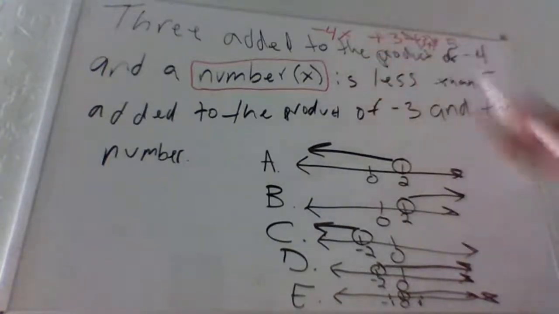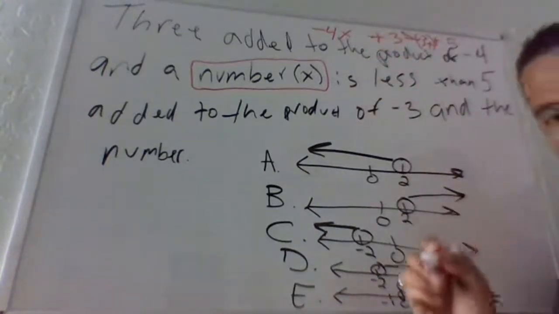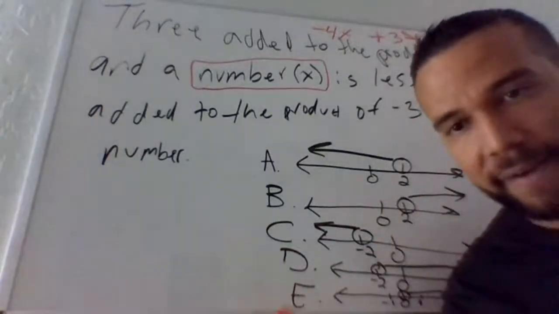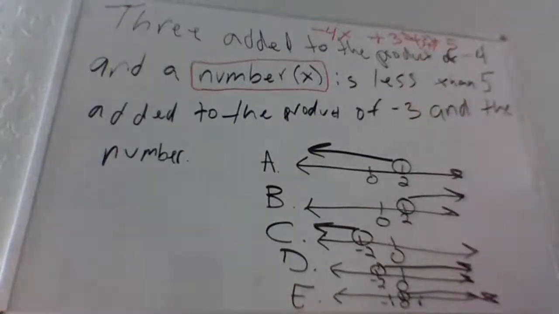This is our equation: -4x + 3 < -3x + 5, just like Andre got in the live chat.